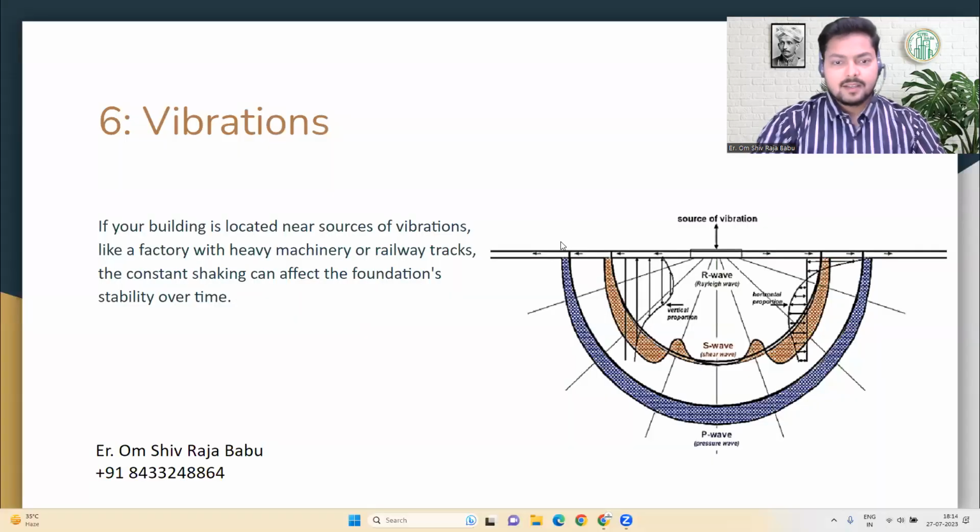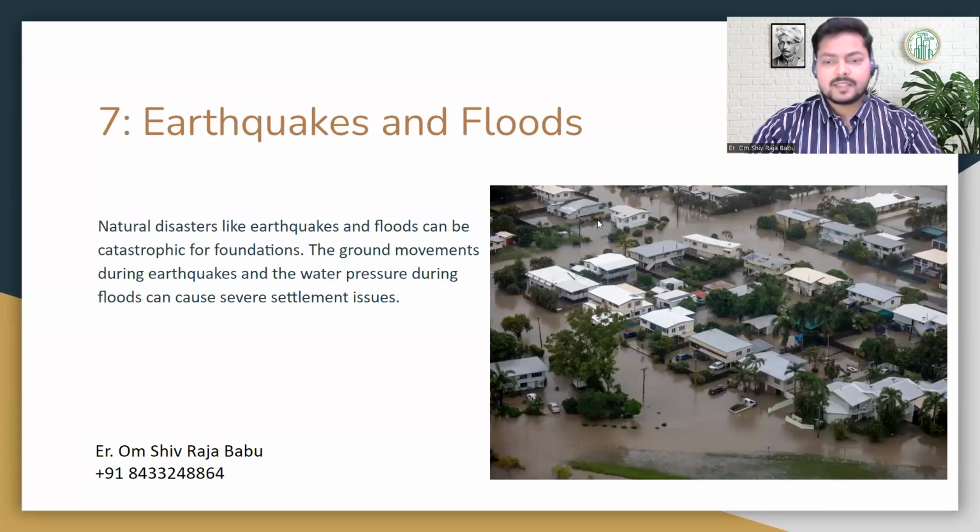Okay, the next thing is earthquakes and floods. Wherever we have natural disasters like earthquakes and floods, that can be catastrophic for the foundation. The ground movement during the earthquake and the water pressure during the floods can cause severe settlement issues. Like you can see during the rainy season, we have flood situations, and once the flood is gone, what will happen?